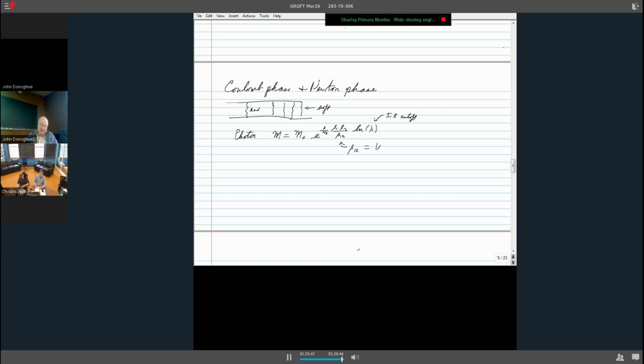Let me just take a quick second to do the Coulomb phase. These come from a different set of diagrams. So here's my hard scattering. This guy looks hard. I can then exchange between the two legs an infinite number of soft photons.